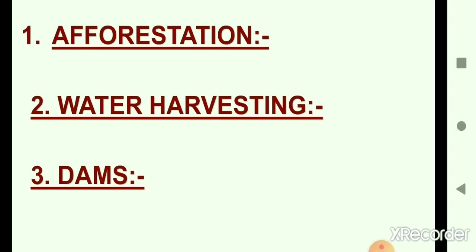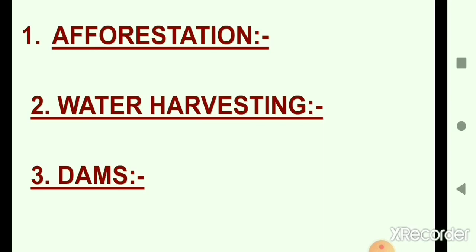Okay, next is water harvesting. Children, water harvesting means collection of water. So water harvesting can increase the underground water level and help us in times of droughts.